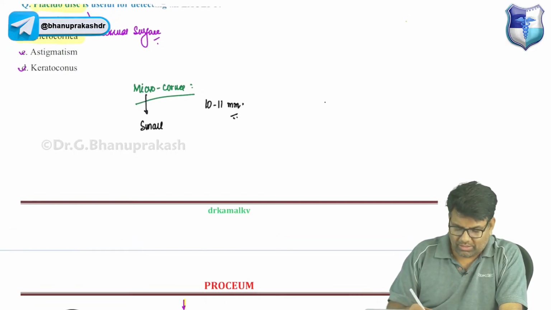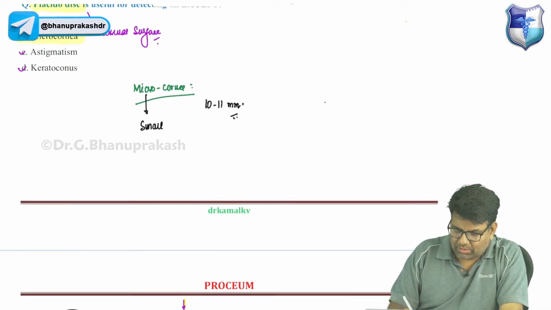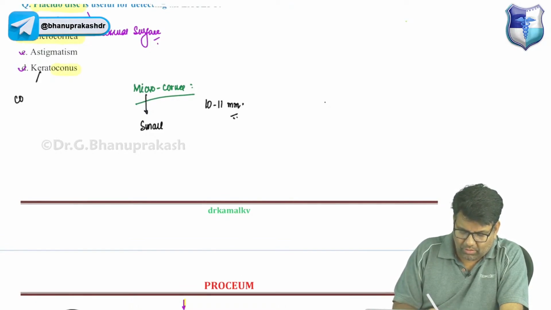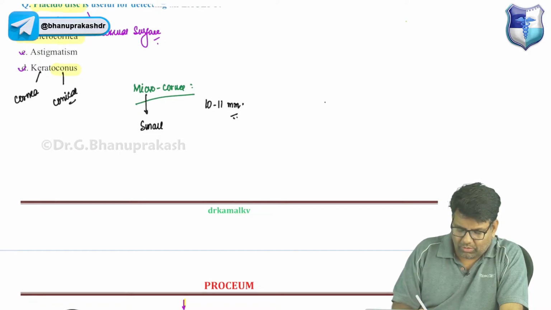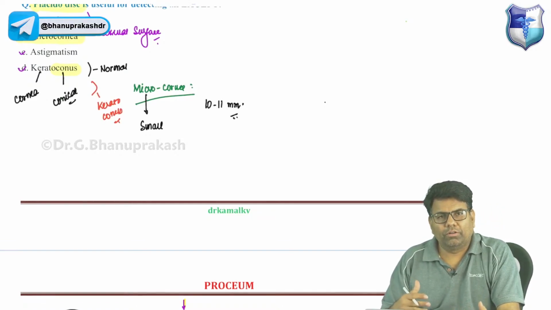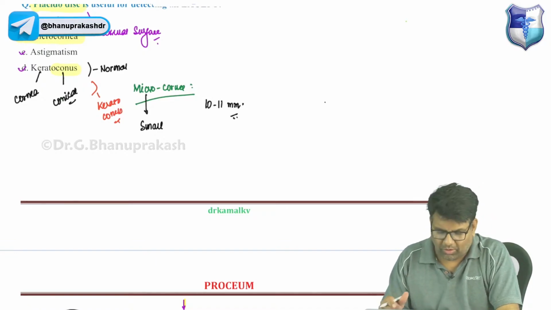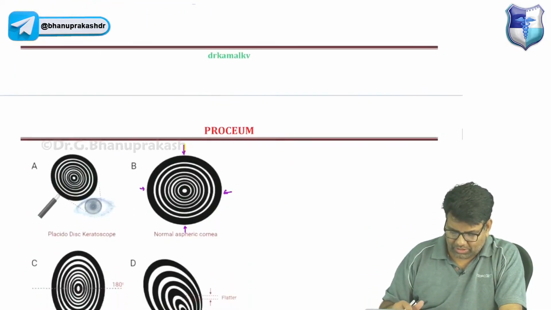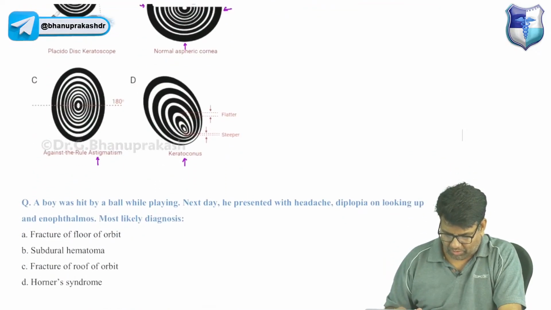And keratoconus, as the name says, the word conus is here. Kerato is for cornea, conus is conical. Right? So this is the normal cornea, and in keratoconus it becomes something like this. So a forward projecting conical type of cornea. Clear? So placido disc has no role in microcornea.